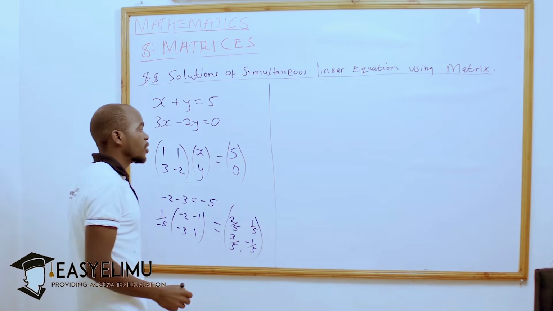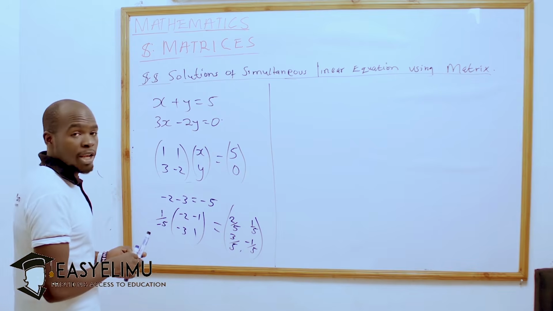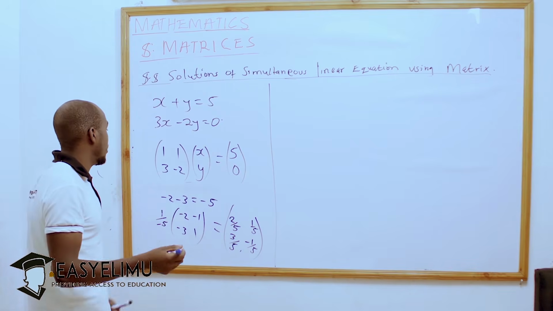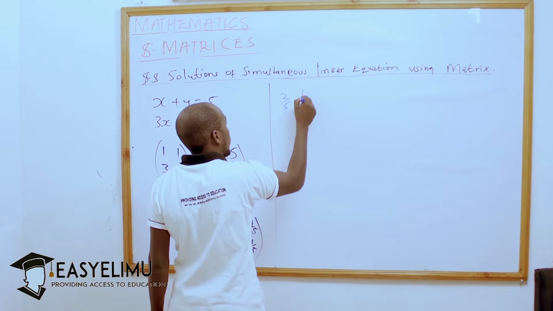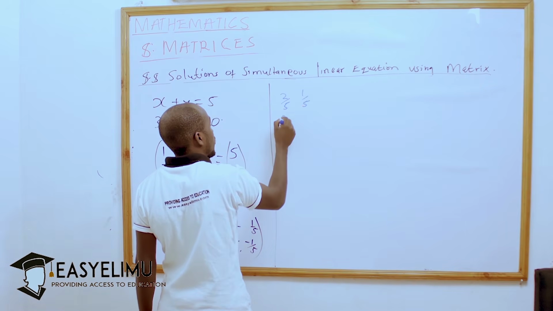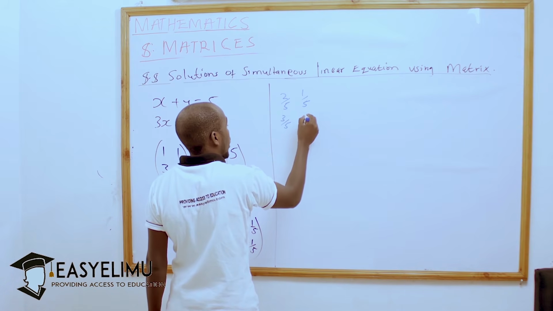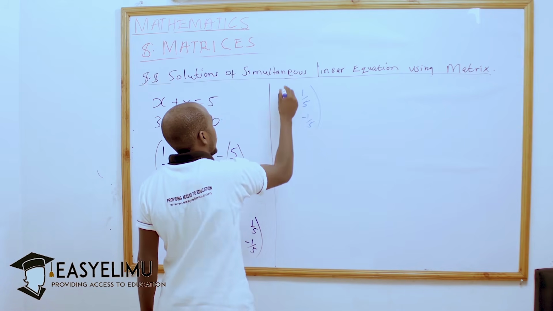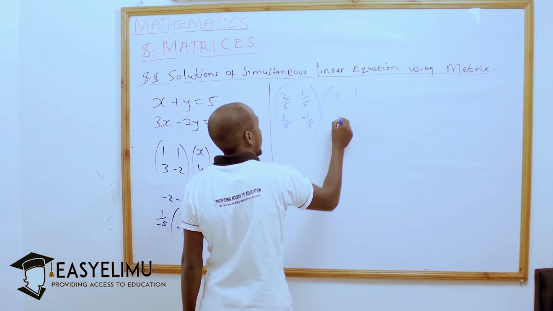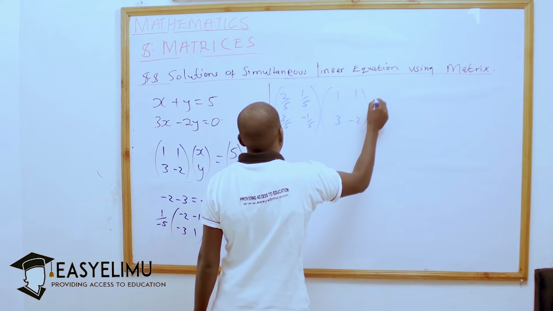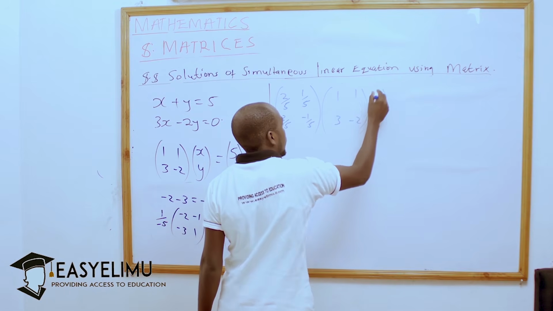So pre-multiply both sides by the inverse. If we pre-multiply both sides by the inverse, we get 2 over 5, 1 over 5, 3 over 5, negative 1 over 5, times 1, 1, 3, negative 2, times x, y.